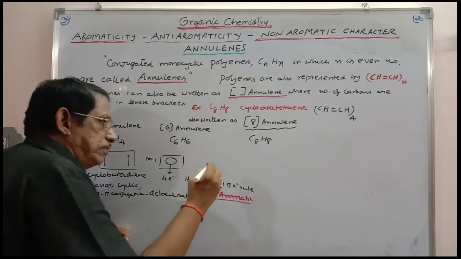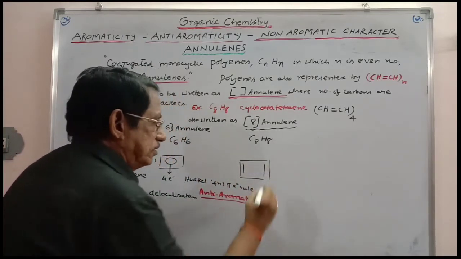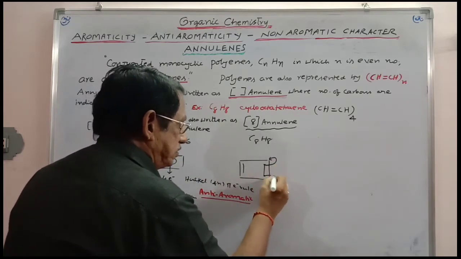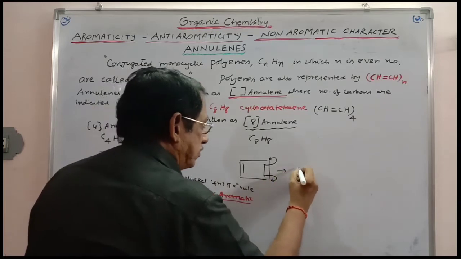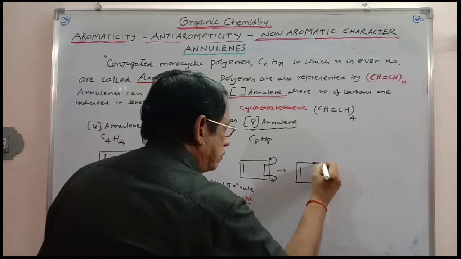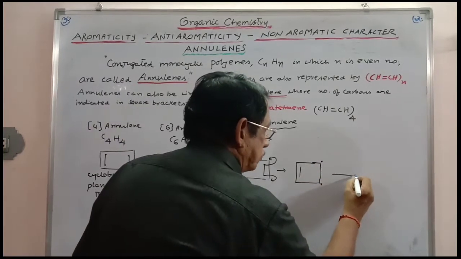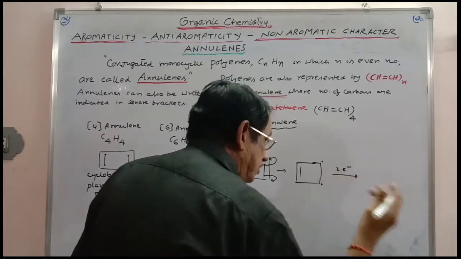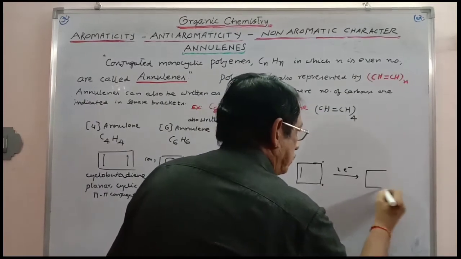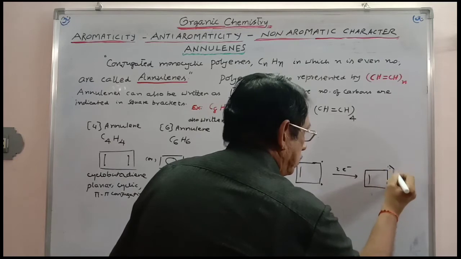Just I am repeating. This is cyclobutadiene. These are the 2 electrons here; this electron is taken by this. When this receives 2 electrons, when treated with potassium or any metal, it will be converted into minus charges.